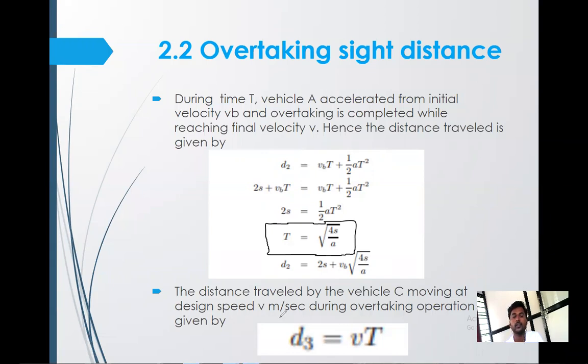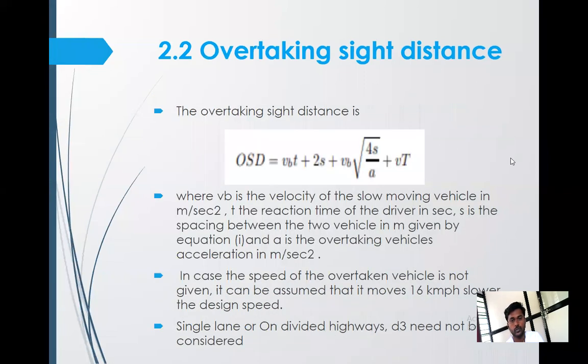And D3, which is the distance traveled by the other vehicle C coming from the other direction, is calculated by the formula D3 is equal to V into T. So total OSD is equal to Vb into T plus 2S plus Vb square root of 4S divided by A plus V into T. Everyone please write down this formula.